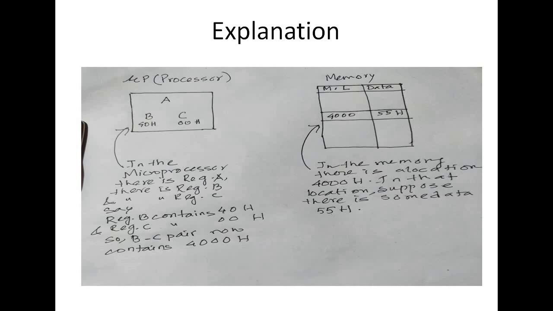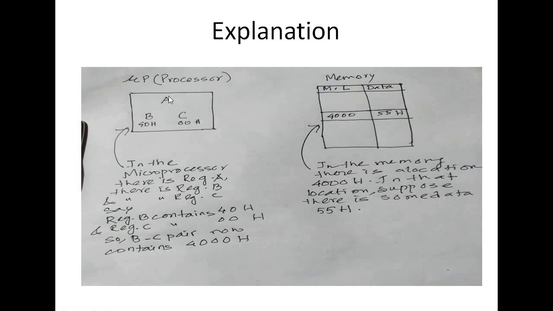And this is a memory, and this is a processor. In the memory location 4000H, suppose there is some data, 55H. I have taken this as an example. First we have taken the processor.